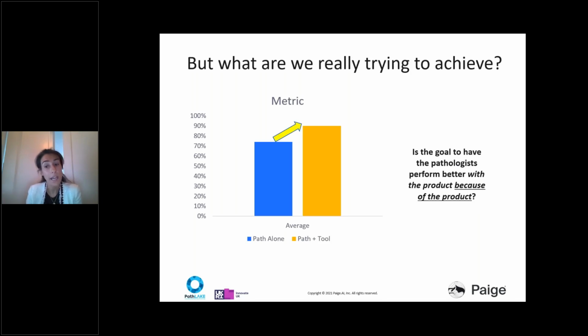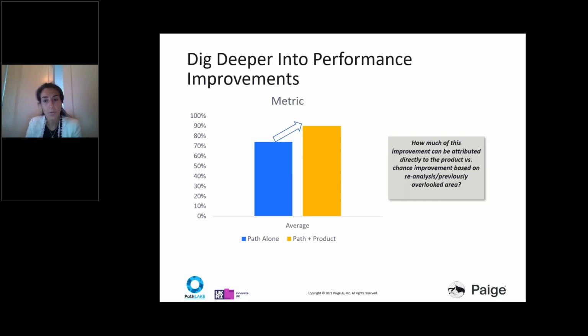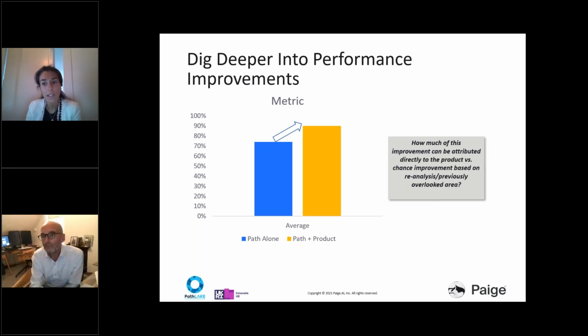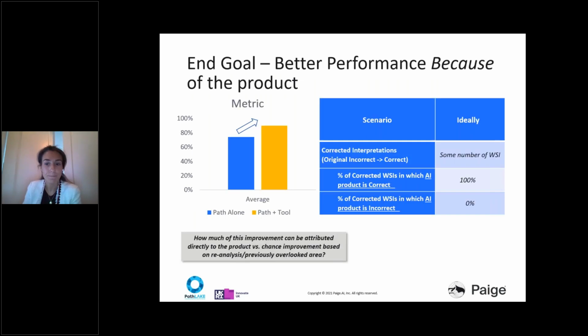Aren't we really aiming for pathologists to perform better with the product because of the product? If that's the case, we need to dig deeper into these performance improvements and ask ourselves, how much of this improvement can be attributed directly to the product versus chance re-improvement based on reanalysis or seeing a previously overlooked area?